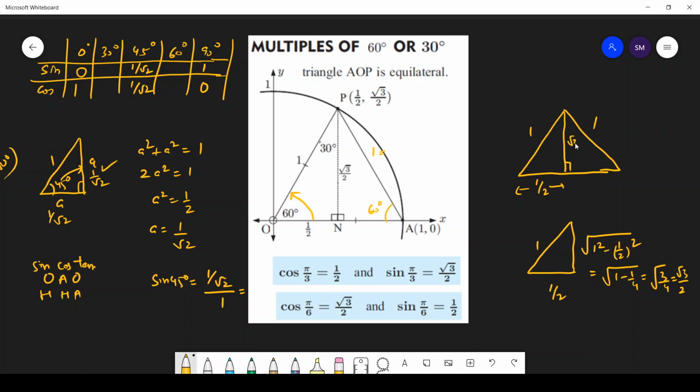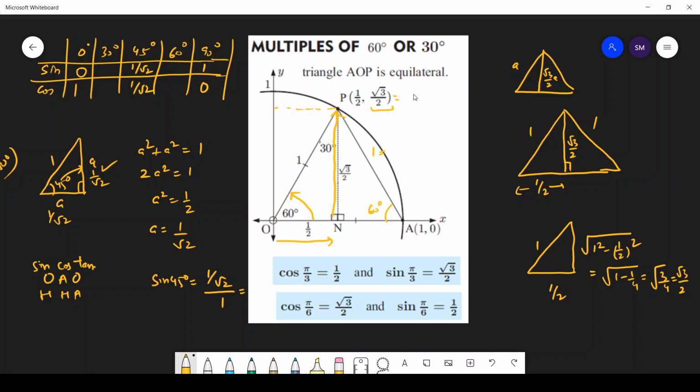So always remember that this is root 3 by 2, and if this is A, then this is root 3 by 2 A. Okay students, so now we have this as root 3 by 2. So the x coordinate will be 1 by 2 and the y coordinate will be root 3 by 2.